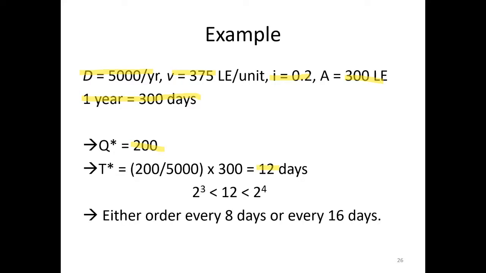So we are interested in selecting the value of L. As you notice, 12 is between 2 to the power 3 and 2 to the power 4, which are 8 and 16. Here, the basic planning period is 1 day. So in this case, either you order every 8 days or every 16 days.